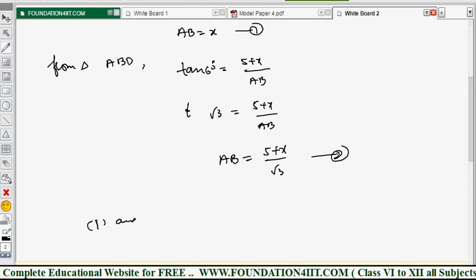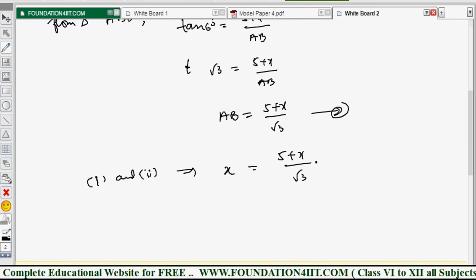So from both equations, x is equal to 5 plus x by root 3, right? Just take the cross multiplication. So x root 3 is equal to 5 plus x.